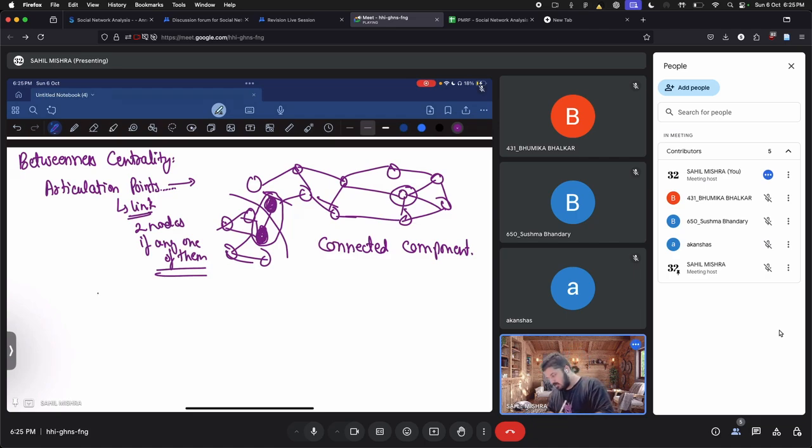So betweenness centrality of node V is computed as follows. What is this formula? Can anyone tell?